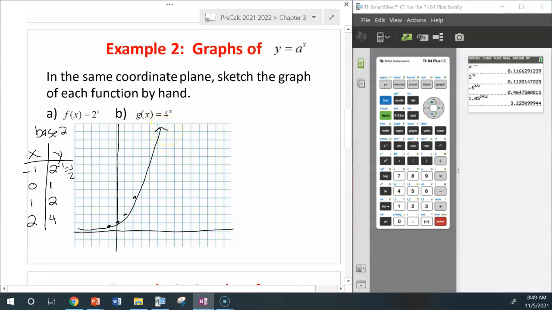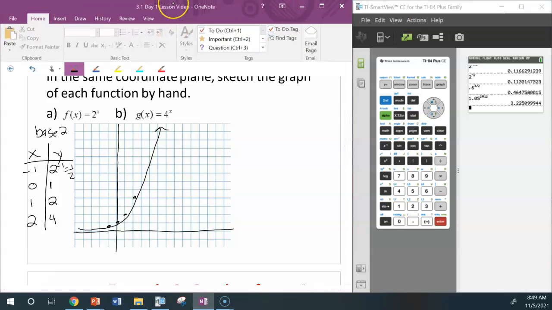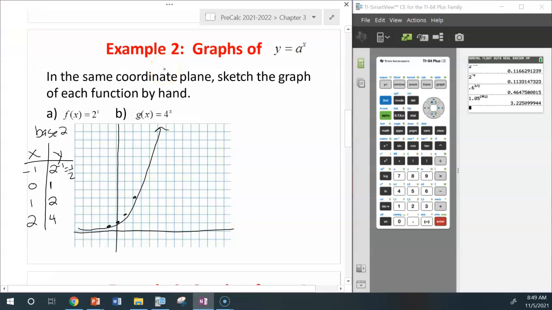So in black, that's my f of x equals 2 to the x. And I'm going to change colors, and I'm going to use Wildcat Red for g of x. I'm going to make an xy table over there as well. And again, I'm going to use -1, 0, 1, and 2, and plug in all of these for x. So I get 1/4, 1, 4, and 16.